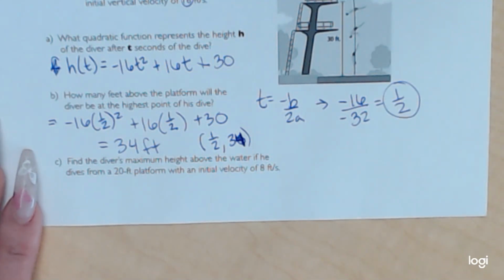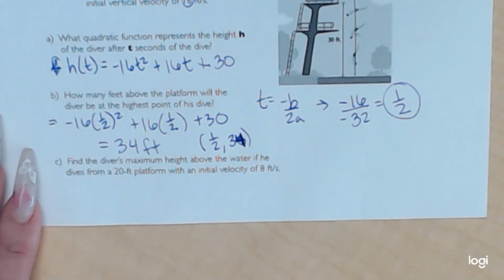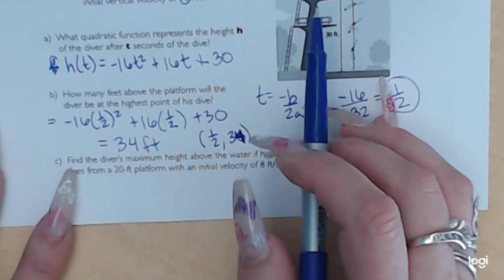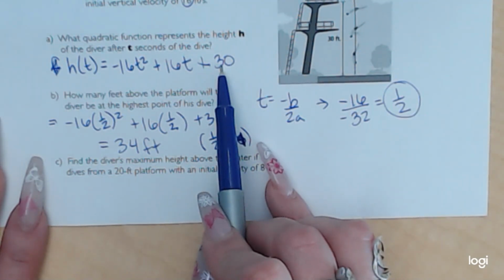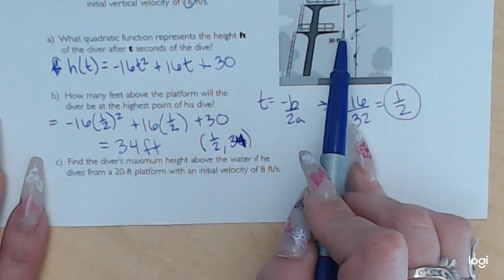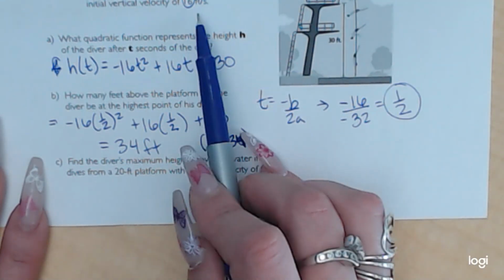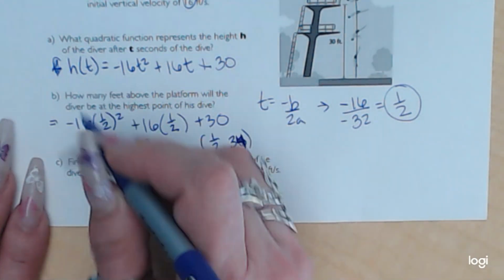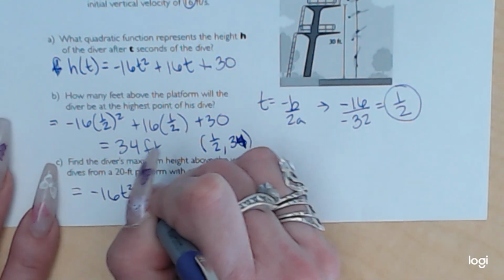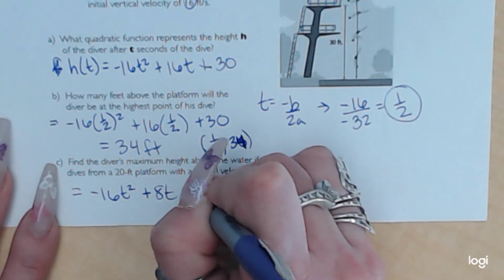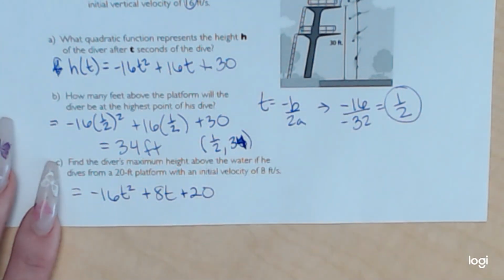Okay, find the diver's maximum height above the water if he dives from a 20-foot platform with an initial velocity of 8. So we're just replacing these values. Instead of 30, it's going to be 20. And the velocity is now 8 instead of 16. So we can just replace this and then use our same steps to solve.